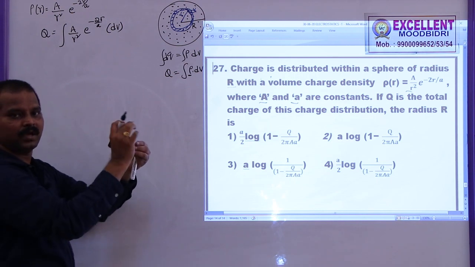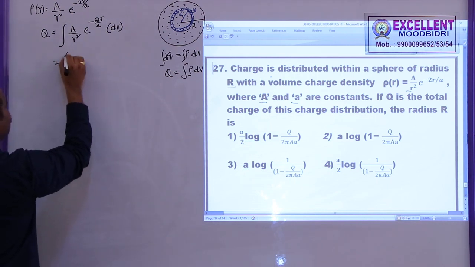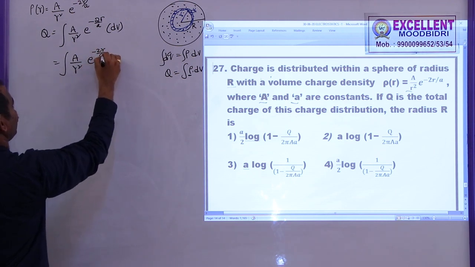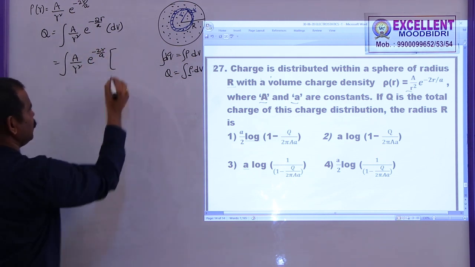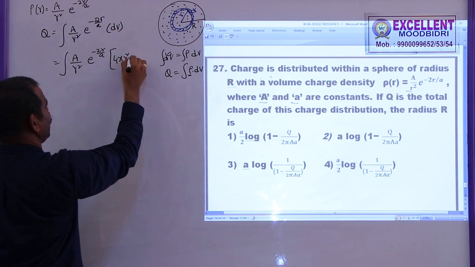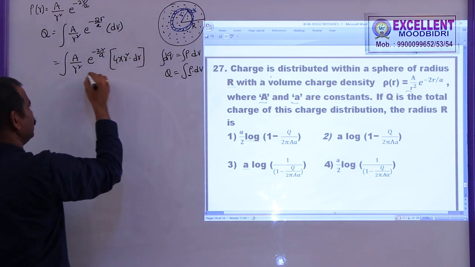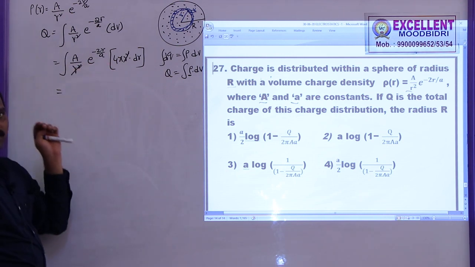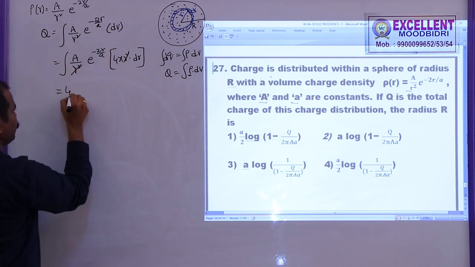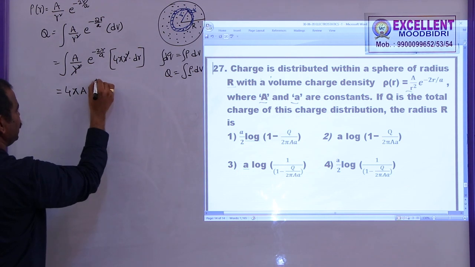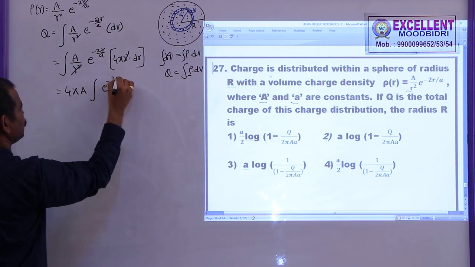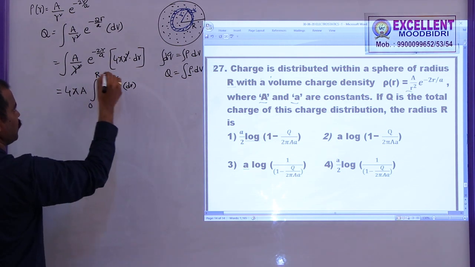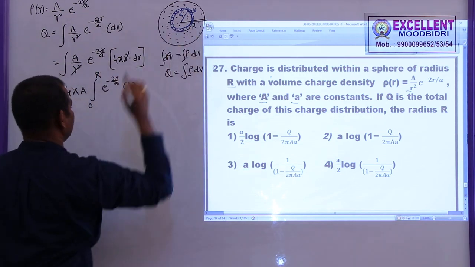Surface area 4πr², thickness dr. So this is the integral of A by r² e^(−2r/a), and the volume will be 4πr² dr. This r² and r² get cancelled, and bring the constant outside before integrating. So which is going to be 4πA integral e^(−2r/a) dr with limits 0 to capital R, because the lower limit is 0 and the maximum limit is R.